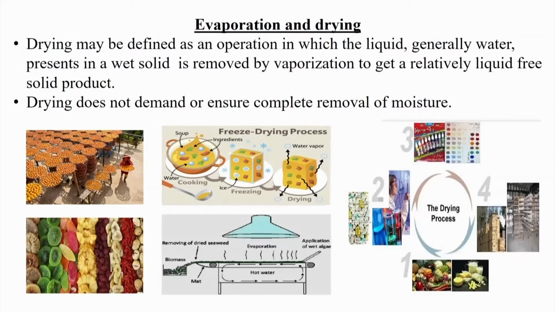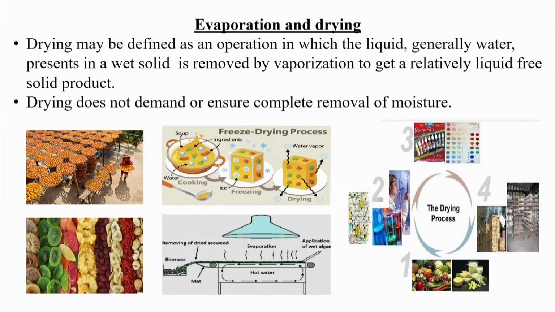So, we will start with this topic. As I told, evaporation is to some extent different from drying. In the evaporation process, we start with a liquid and end with a concentrated liquid. But in the drying process, in general, we can start with any moist solid, or anything which is rich in water, and it is converted into a relatively liquid free solid.